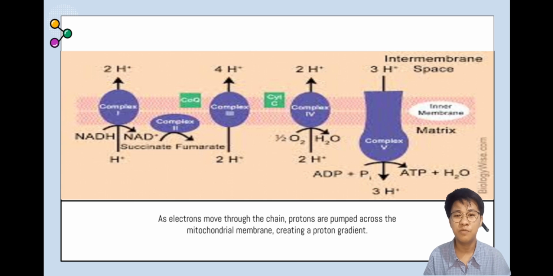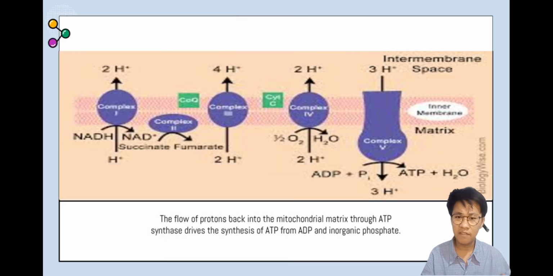As the electrons move through the chain, protons are pumped across the mitochondrial membrane, creating a proton gradient. The flow of protons back into the mitochondrial matrix through ATP synthase drives the synthesis of ATP from ADP and inorganic phosphate. So that's how the electron transport chain works.